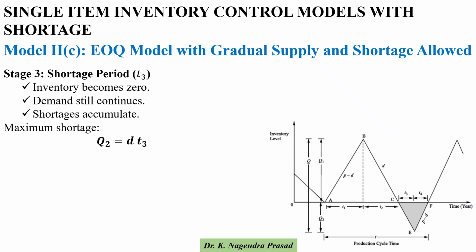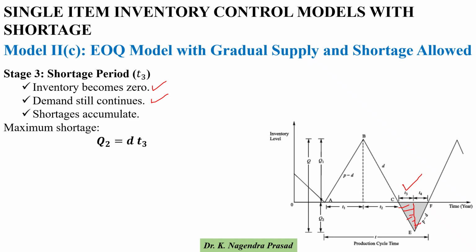Next, let's see the T3 time period, that is the shortage period. In this period, inventory becomes 0 but demand still continues, so shortage is accumulated. In the figure you can see that inventory becomes 0 and demand still continues, so shortage continuously increases.